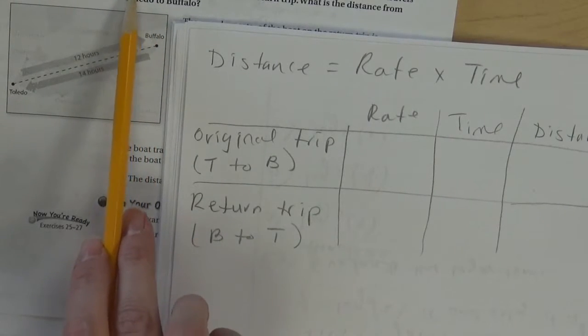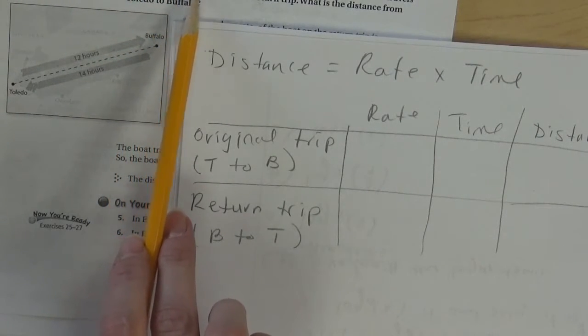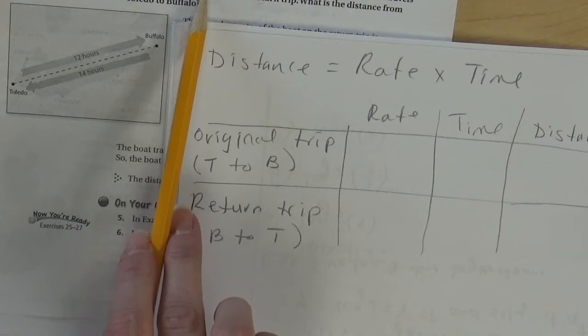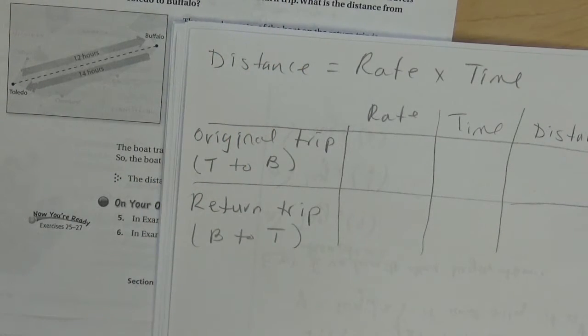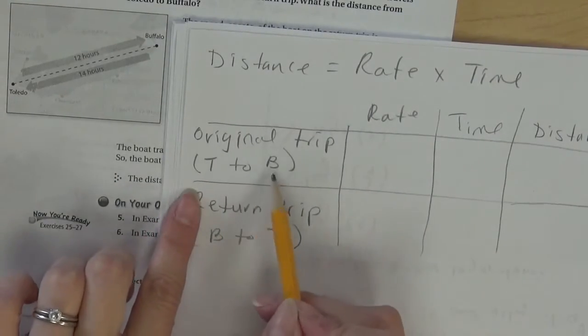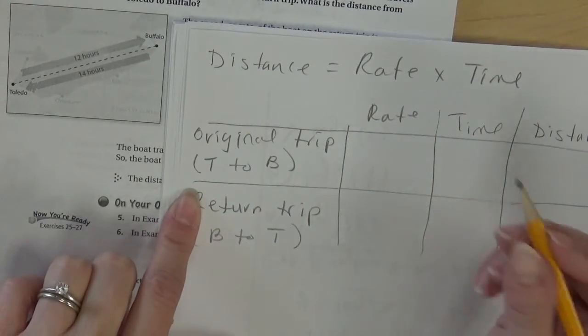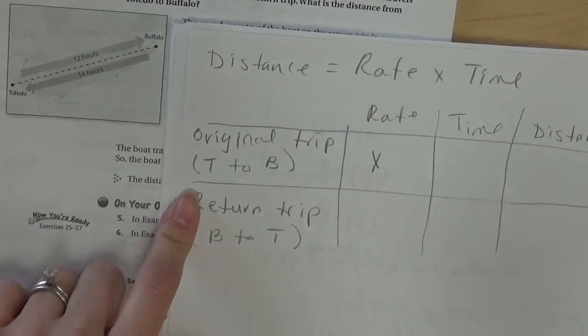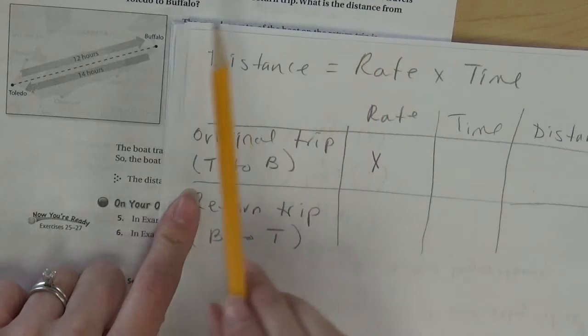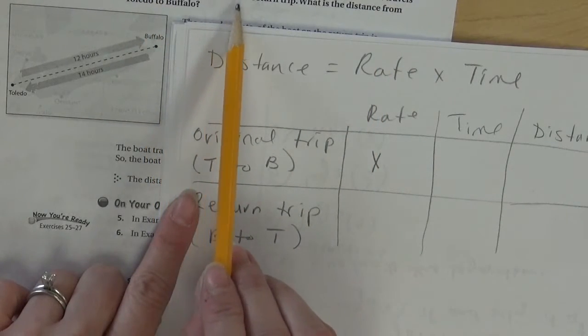Let's read the problem. The boat travels x miles per hour. Miles per hour, that's the rate, from Toledo to Buffalo. Toledo to Buffalo is the original trip, and that was x miles per hour, so we'll put x in for the rate. Second sentence: the boat travels 3 miles per hour slower on the return trip.